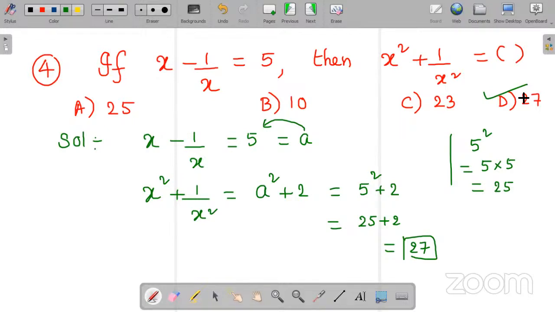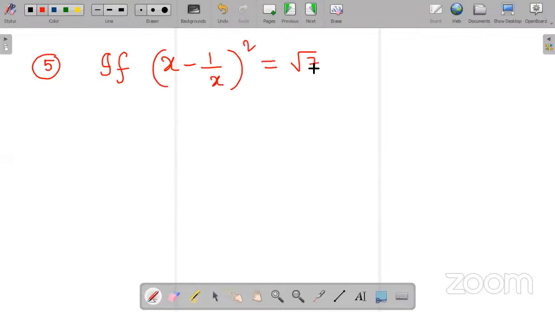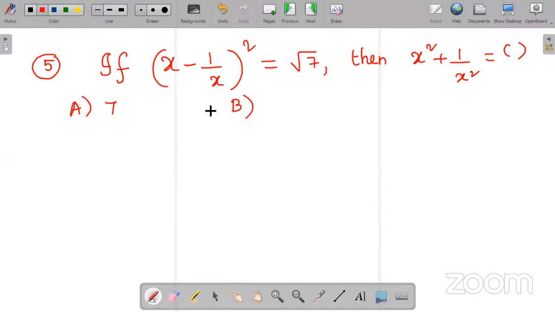Okay. Right. One more shortcut we are going to discuss now. One more question I will give, try to answer this one. If x minus 1 by x whole square equals 7, then x square plus 1 by x square is equal to: A 7, B 5, C 9, D 14.